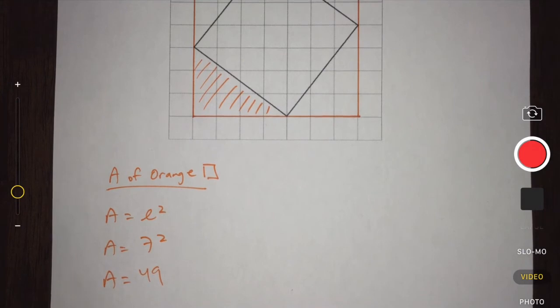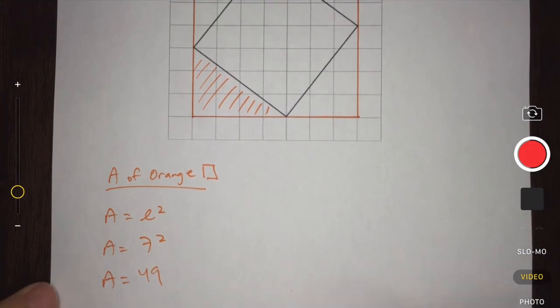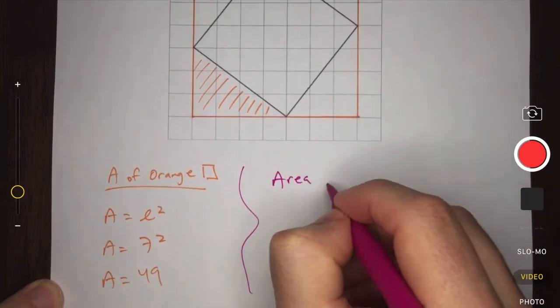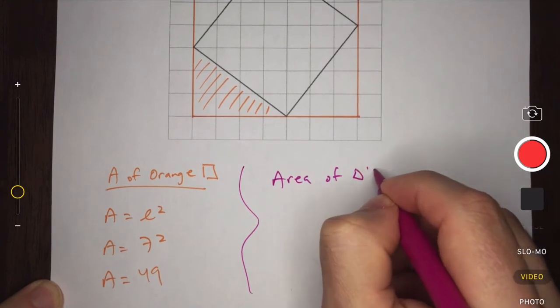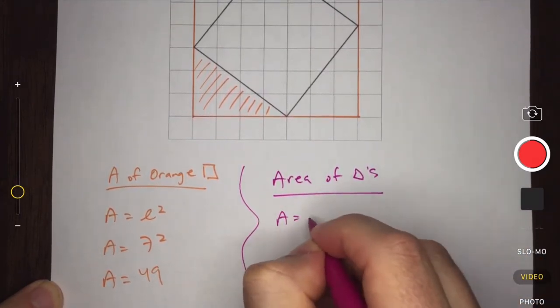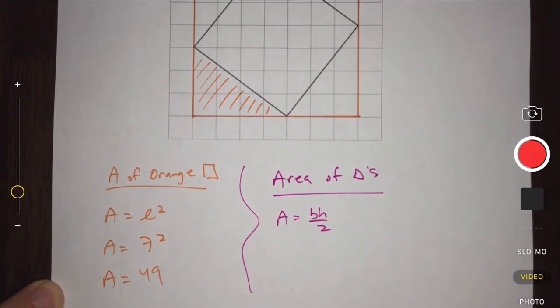Now, what I want to think of is subtracting the area of my triangular pieces. So you'll recall back to the beginning of our video, that area is base times height divided by 2.